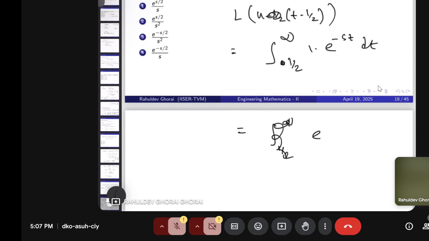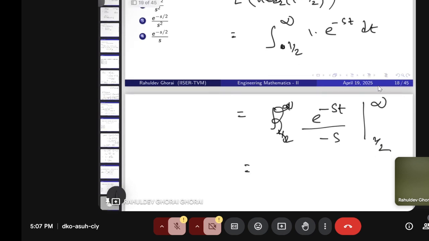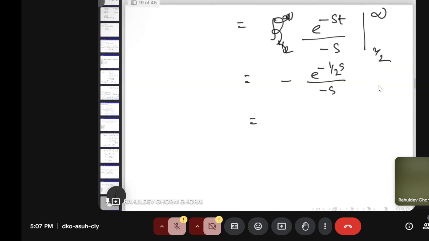It will be e to the power minus st over minus s, evaluated from half to infinity. At infinity it is 0, and at half it will be negative half, e to the power minus half s over minus s, that is e to the power minus s by 2 over s.